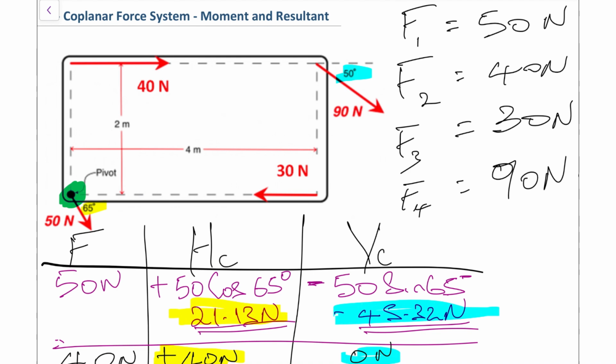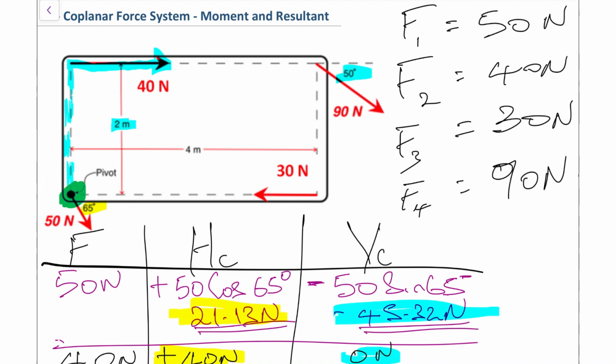But if we look above that now, that 40 newtons right here, highlighted in blue, it's going to the right. And I'm going to do a dotted sketch now for the perpendicular distance right there. So if we were to calculate that moment for the 40 newtons, which we'll do in a second, it's just going to be that 40 times, you see the distance right here in between, which is 2 meters.